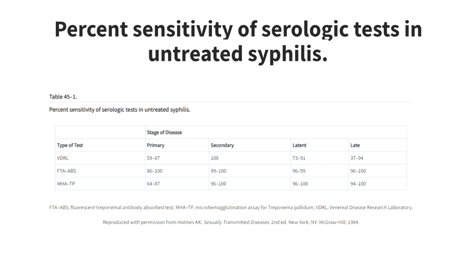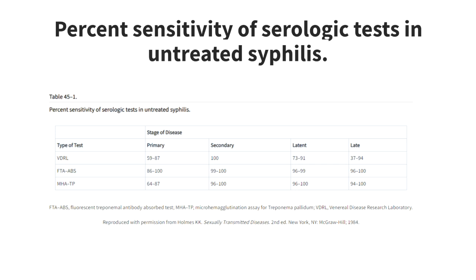And then you have the MHA-TP, the microhemagglutination assay for Treponema pallidum, which is not so good for the primary stage, but better for secondary, latent and late stages.